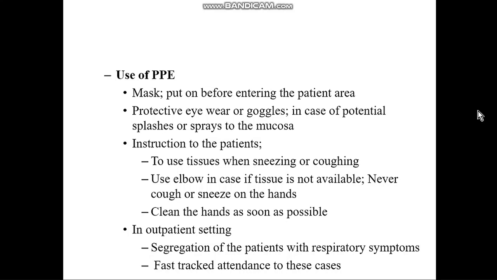And in outpatient settings, segregation of patients with respiratory symptoms helps in reducing the chances of transmission to other patients, and fast-track attendance to these cases also helps reduce the chances of transmission.